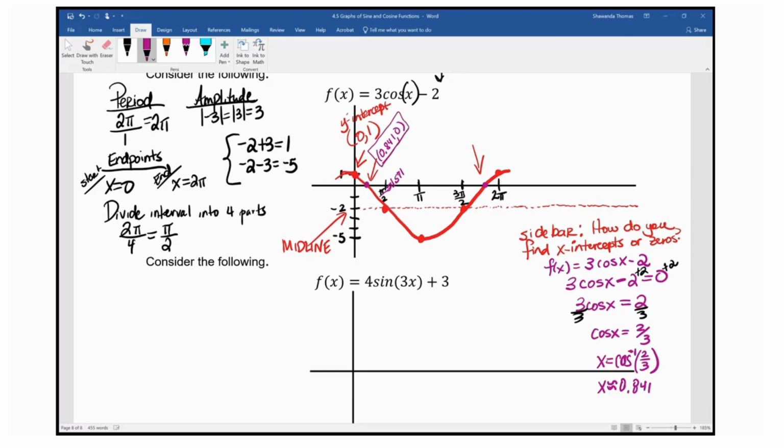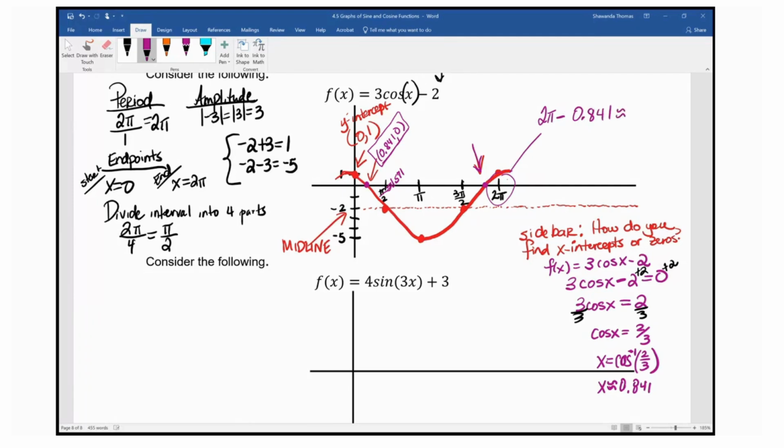All right. And the other way to get this part over here is if you know that this is 2 pi, this graph is symmetric. This 2 pi right here, all we really have to do is take 2 pi and subtract 0.841, for example.